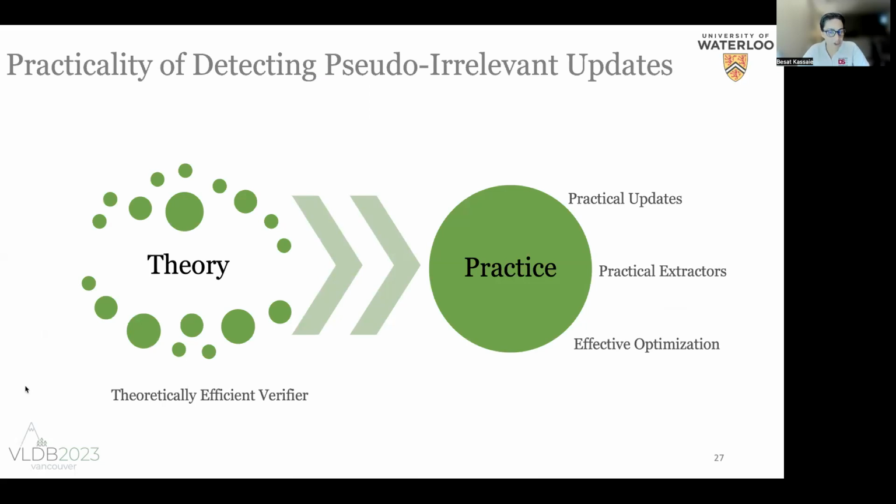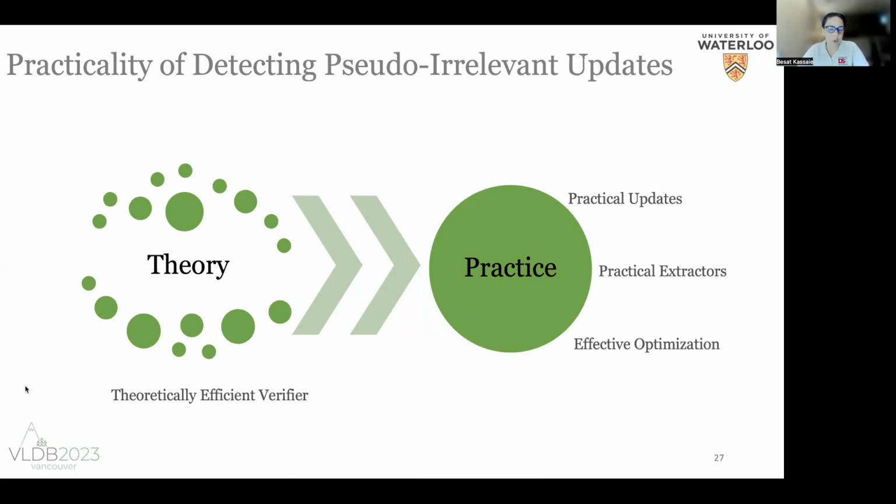First, through experimentation, we would like to show practical update cases that can be expressed using our specification. Secondly, although our verification algorithm has polynomial time complexity, we are interested in showing that our optimization strategy takes much less time than re-extraction when we deal with practical extraction scenarios from real-world datasets.